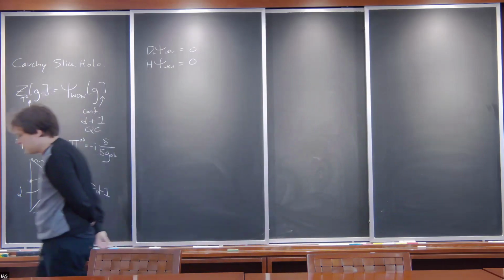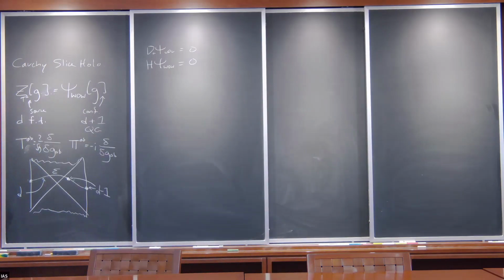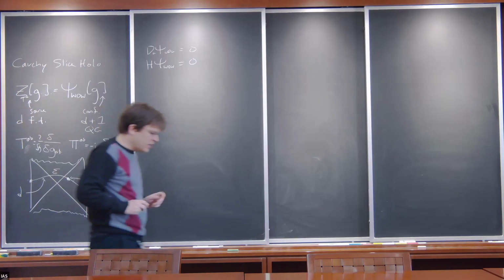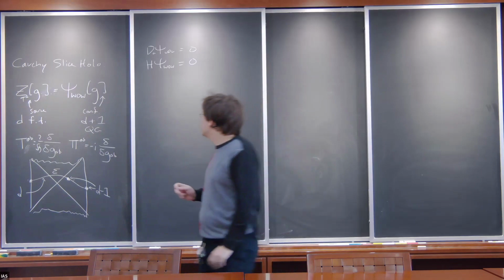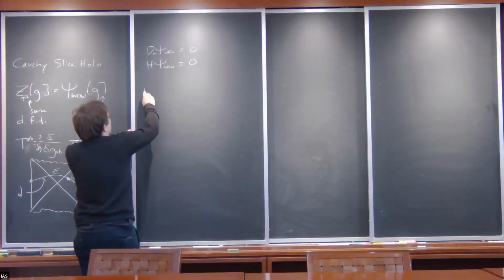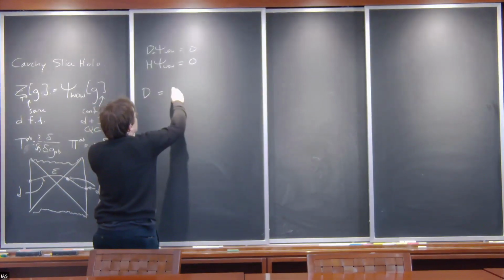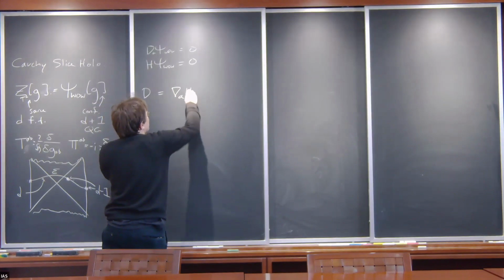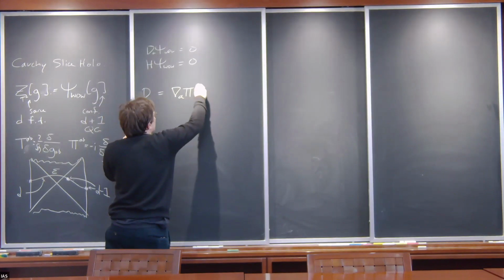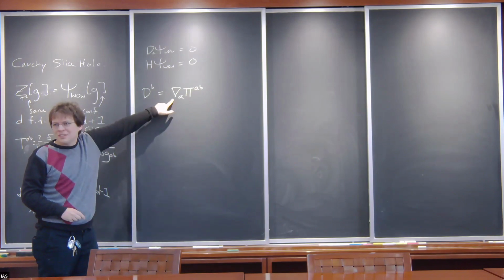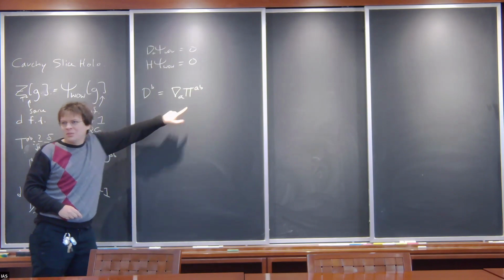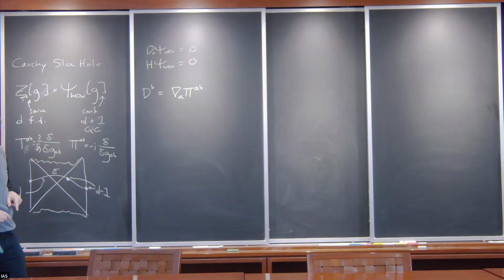Actually, the diff constraint is easy. It actually is satisfied, let me be concrete here. Let's suppose we're doing 2+1 pure gravity. Okay, so the diff constraint, it's probably a factor of 2 here or something, looks like the divergence of pi^AB, which according to this dictionary is the stress tensor.